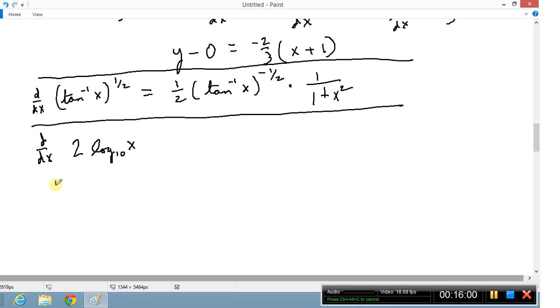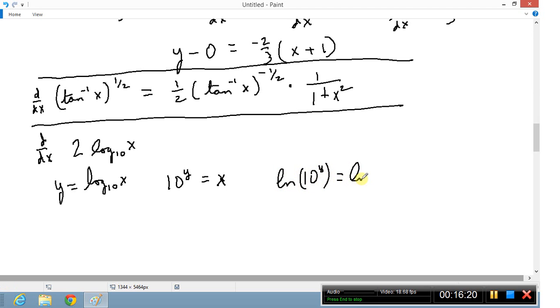So what I'm going to do is first say y equals log base 10 of x, and instantly change that into exponential form. 10 to the y equals x, and then hit both sides with the log that I do want, which is natural log. So natural log of 10 to the y equals natural log of x, and so y natural log of 10 equals natural log of x, and so y, which is this guy right in here, is nothing more than natural log of x times 1 over log of 10.